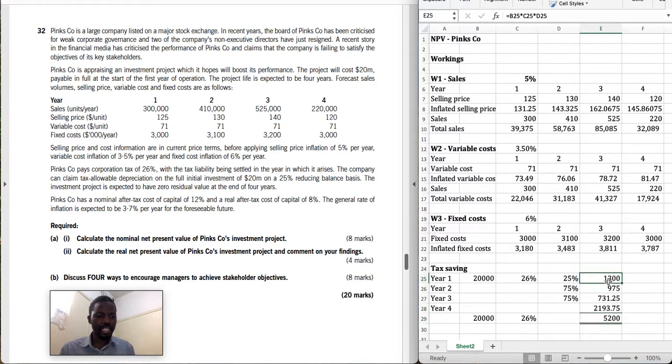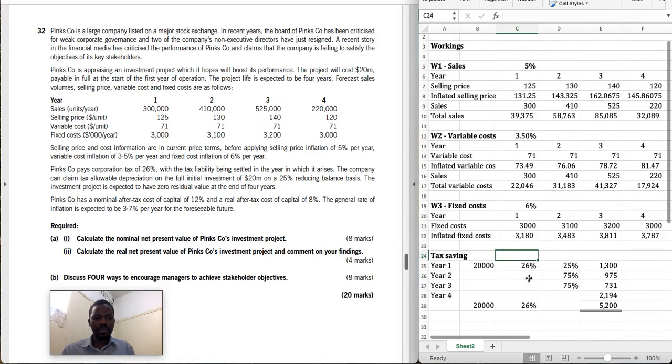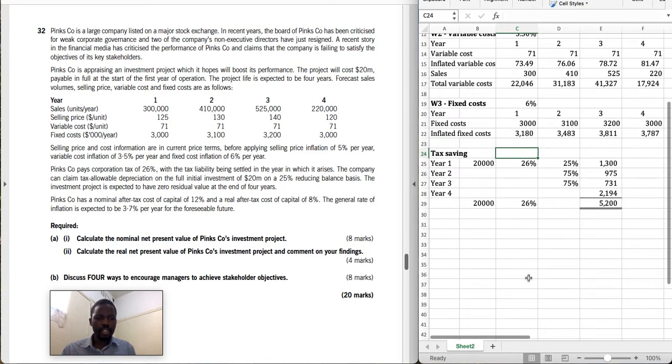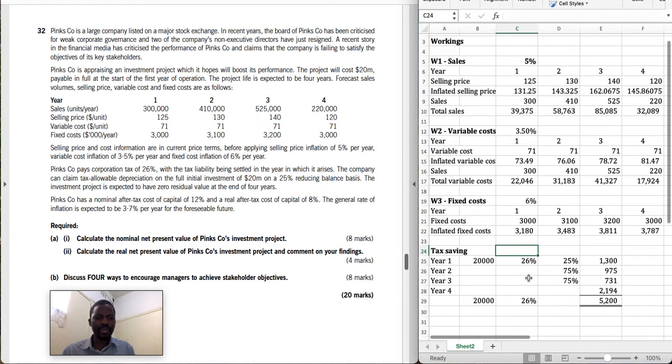Then we get 2194. Then we get our tax savings for year 1 is 1,300, year 2 975, year 3 731, year 4 2194. Then now we are good to go to the net present value calculation.